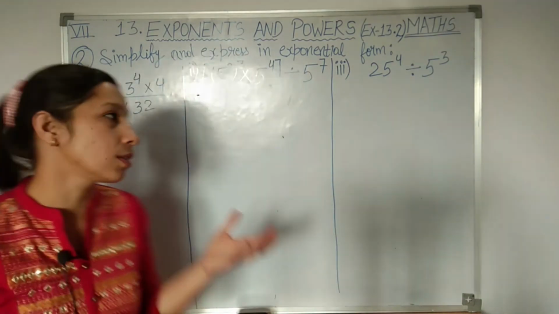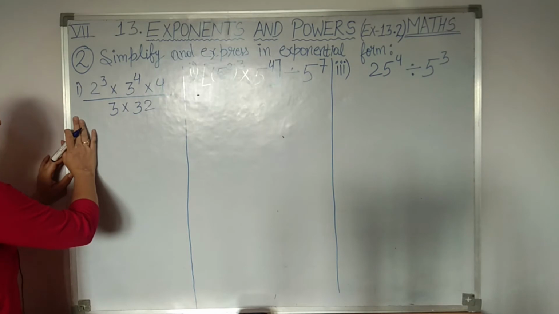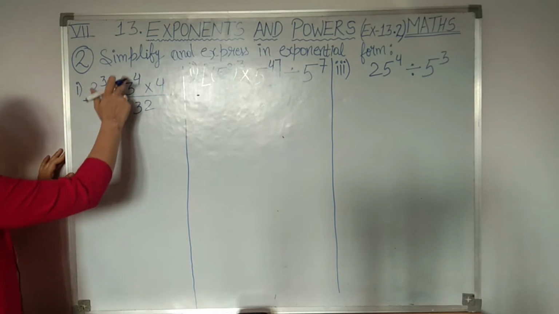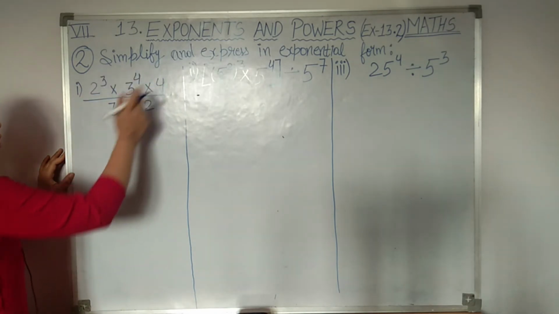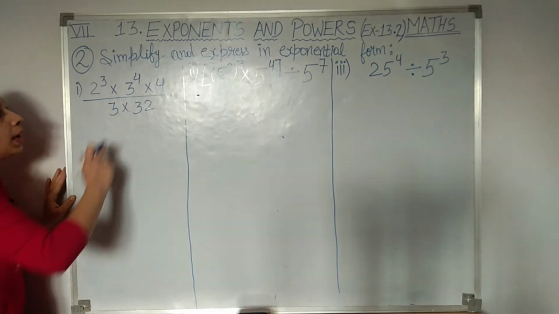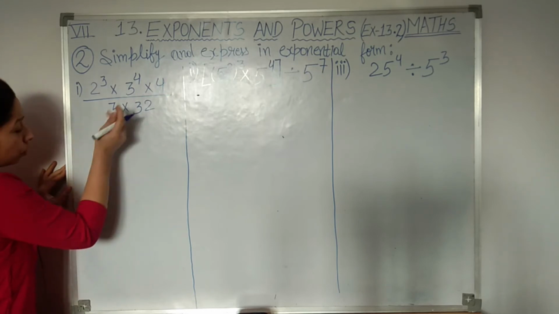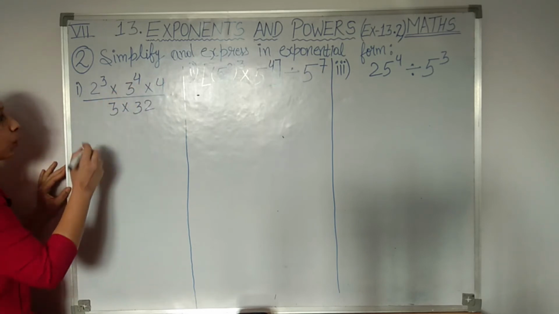We have studied the laws now. Using those laws only we are going to solve this question. First point, you can see 2 raised to the power 3 into 3 raised to the power 4 into 4, then divided by 3 into 32. Our first step should be to write the numbers in exponential form.